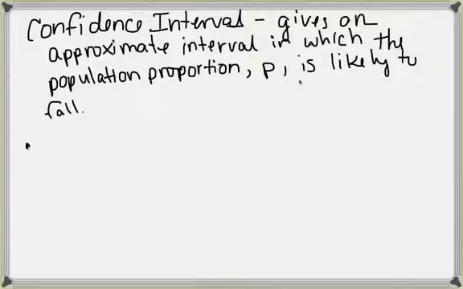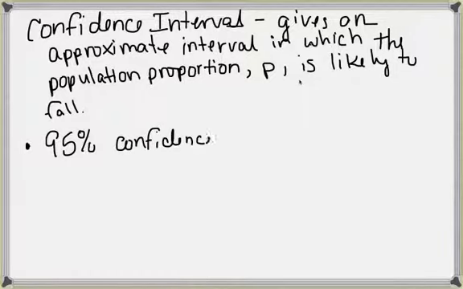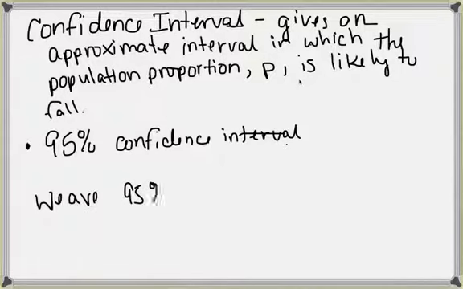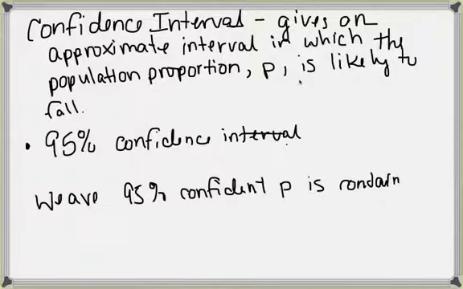Now, one thing to note for a confidence interval, we typically will look at a 95% confidence interval. That is typically what you're going to be asked to calculate. And basically what this means is we can make a statement: we are 95% confident that the true value of P is contained within this interval.